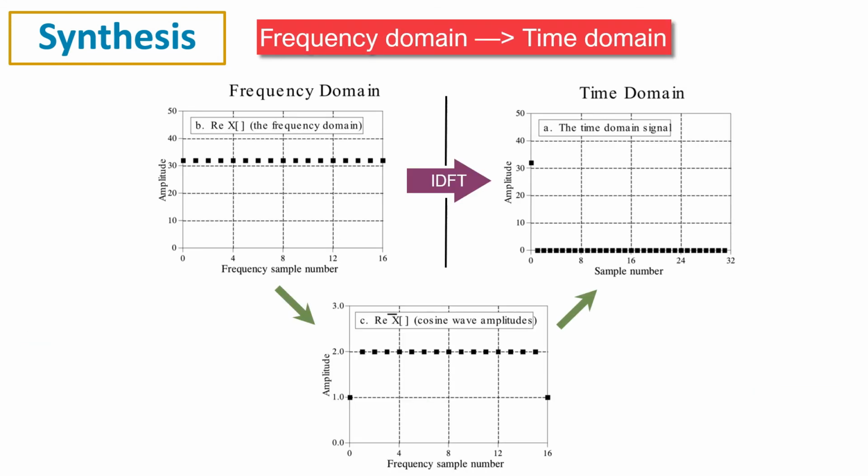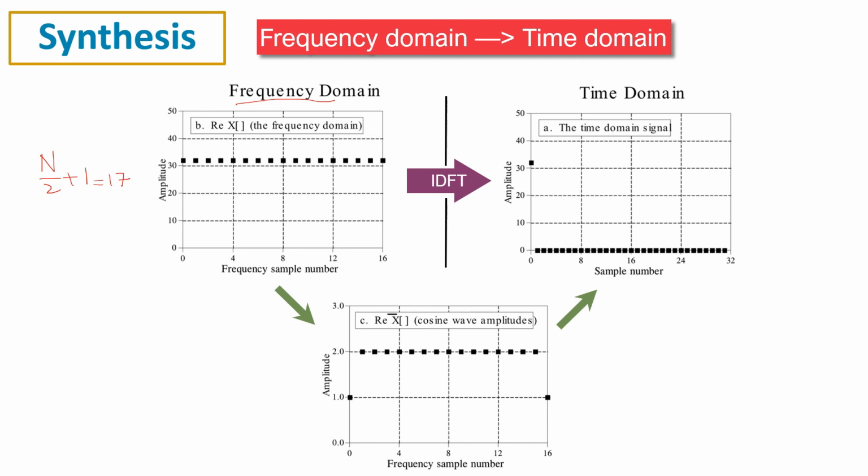This is the whole process of converting a frequency domain signal into the time domain. If you look at this here, this one is a 16 point signal. This is the frequency domain, and in the frequency domain we know that it must be equal to n over 2 plus 1, meaning it is equal to 17, right?